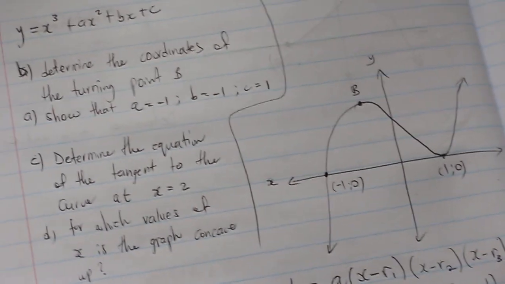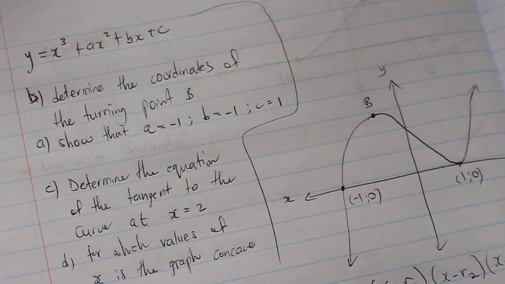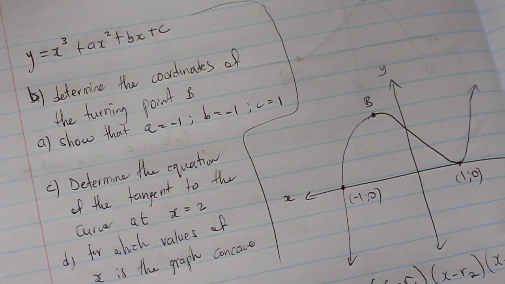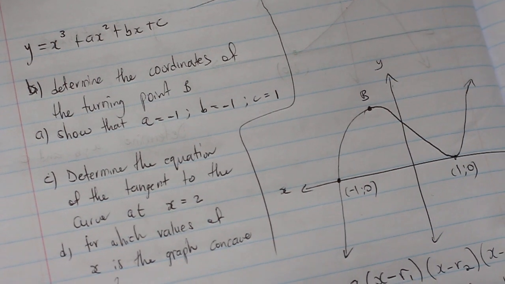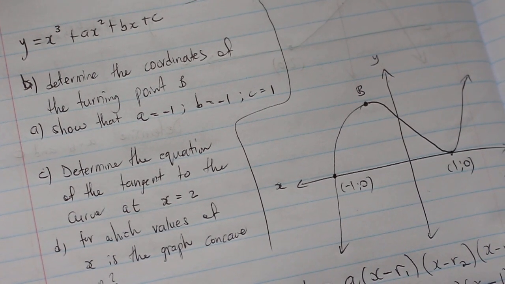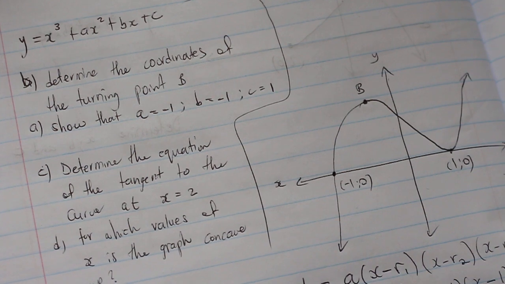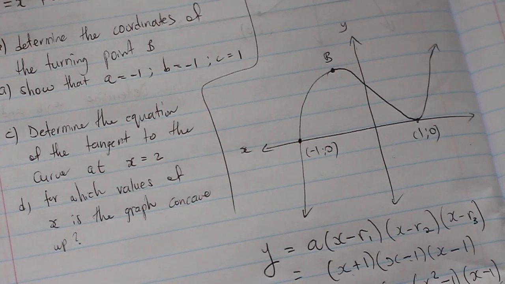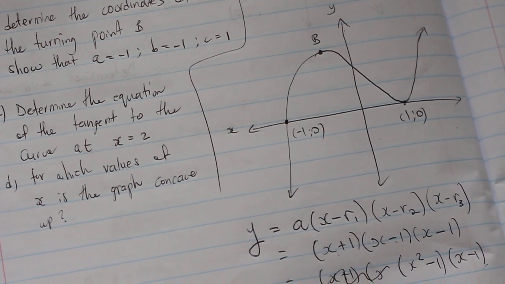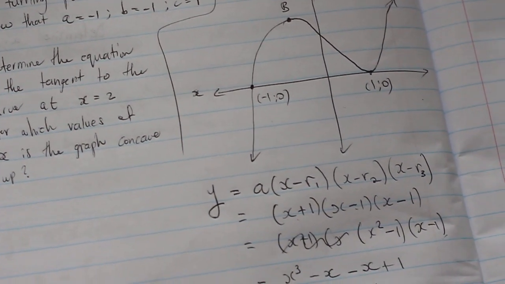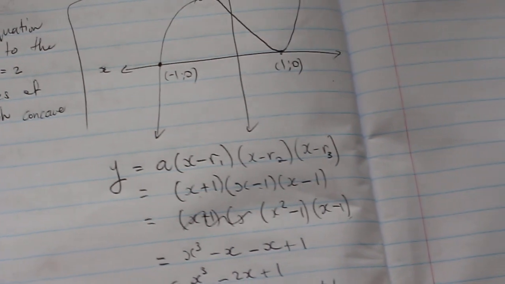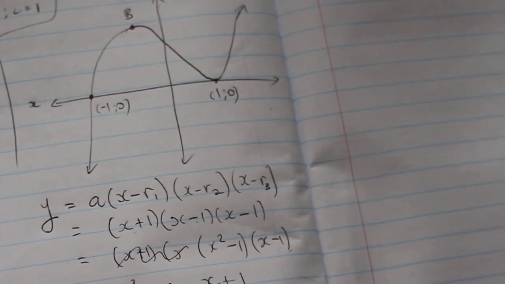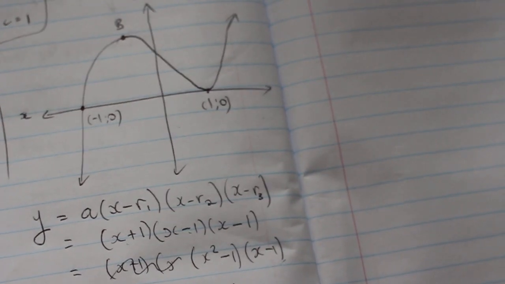We're actually asked to prove that b is -1, but our answers are different. Only c is equal to 1. So that is a problem. Let's go back and check what happened.